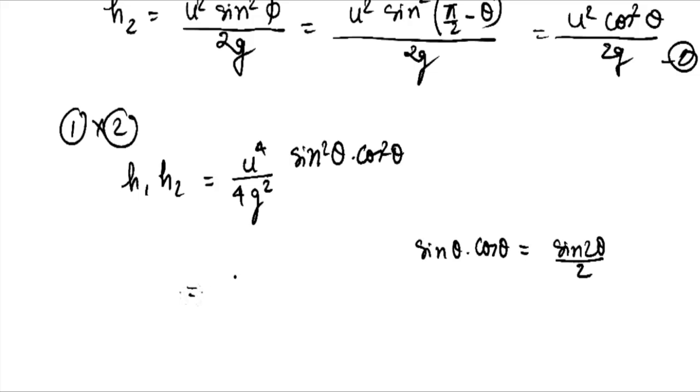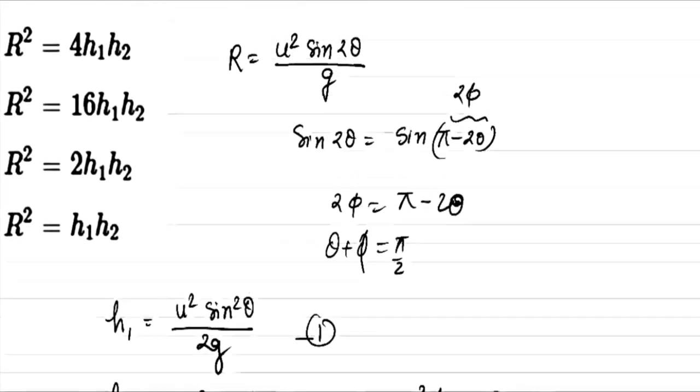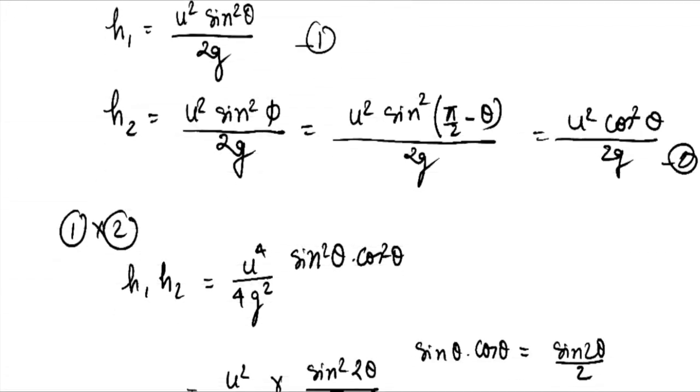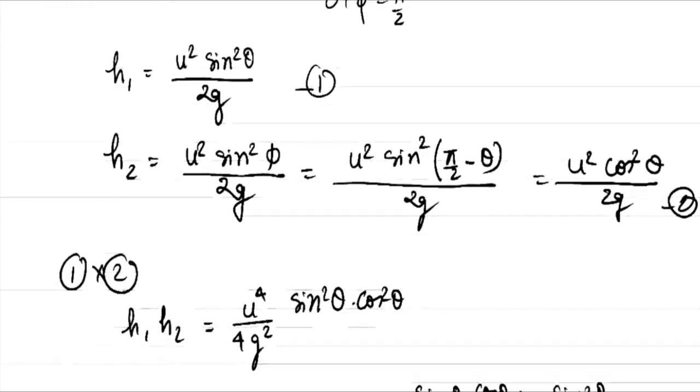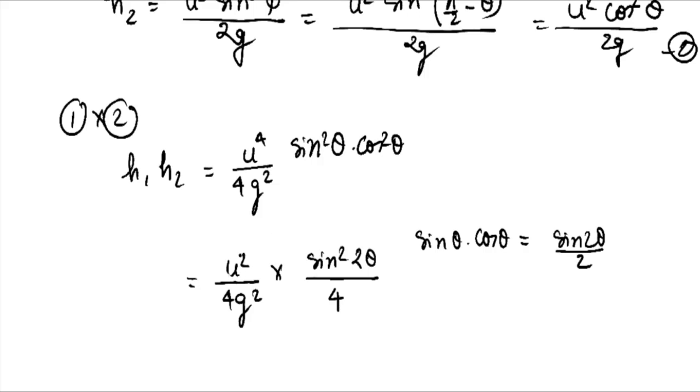So let's replace it: I will write here u⁴ / 4g² × sin²2θ / 4. Simple. Now if you compare here, the range was u² sin 2θ / g, right? So if I want to replace this expression by range, you could see this is u⁴ it was, right? u⁴.